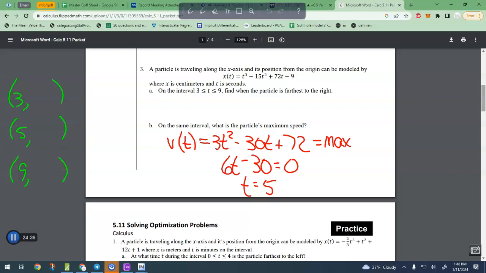And we're plugging back into this, because this is what we're trying to maximize. I think that's 9. I think that's negative 3. You guys have calculators, check me.